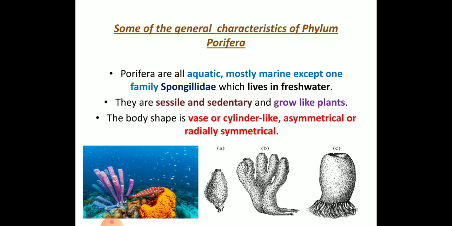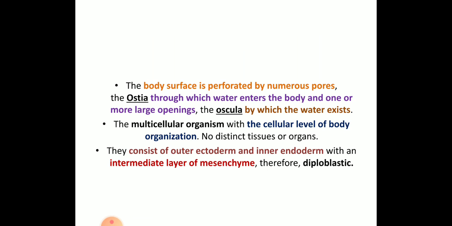They branch up, and the body shape is somewhat vase-like, cylindrical, and if you cut the sponge into half, it may be radially symmetrical or asymmetrical. The body surface is perforated with numerous pores called ostia, through which the water enters inside.